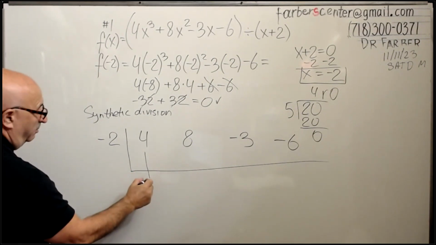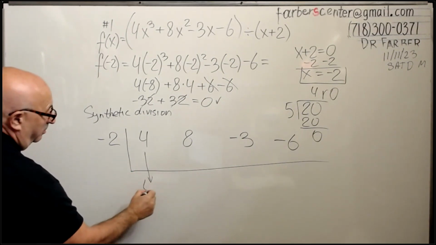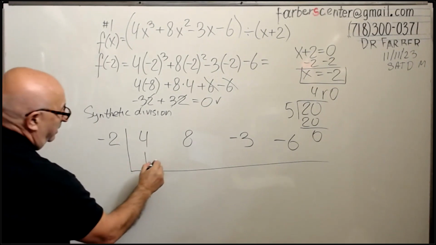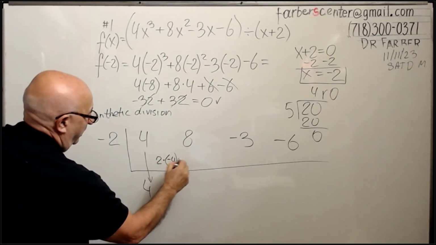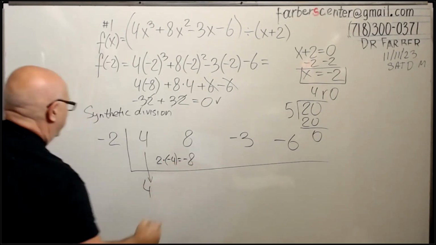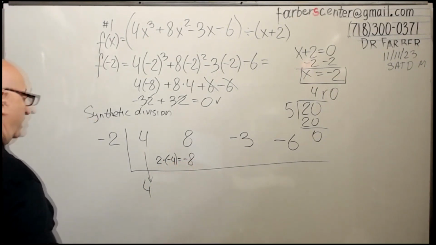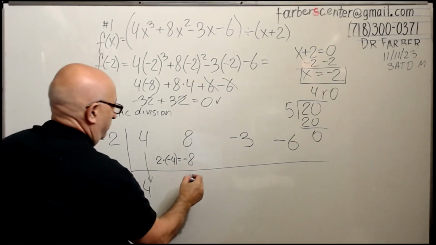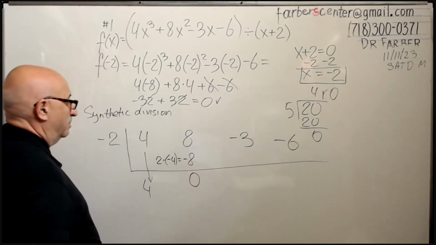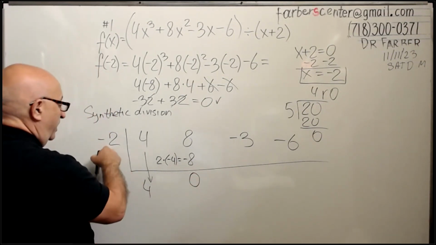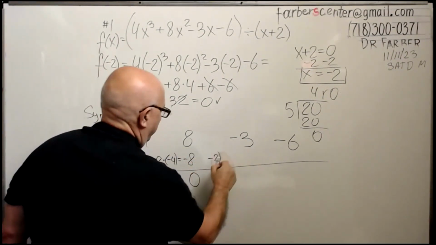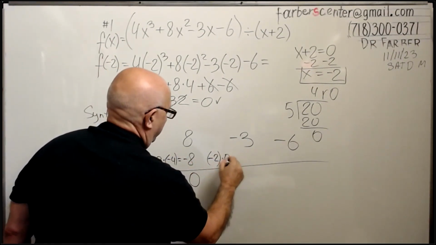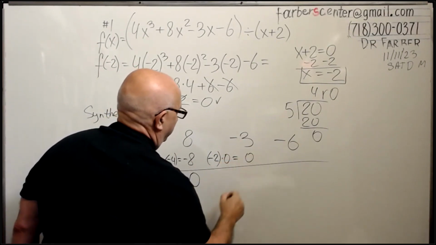Bring down 4. Negative 2 times 4 is negative 8. 8 plus negative 8 is 0. Negative 2 times 0 equals 0.